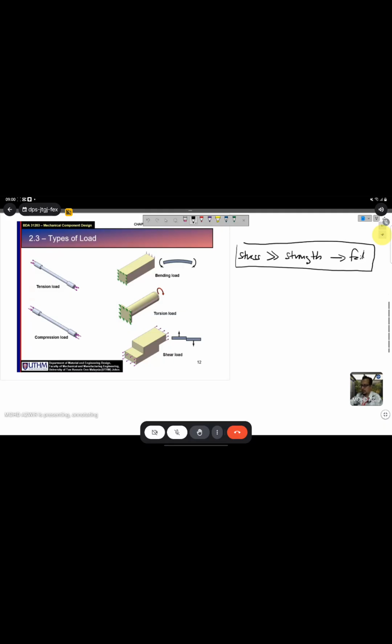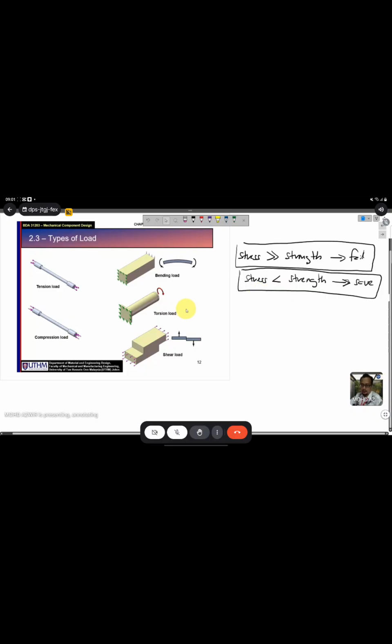If the stress is less than the strength, the part will be safe. So we are going to calculate everything by using this general theory.